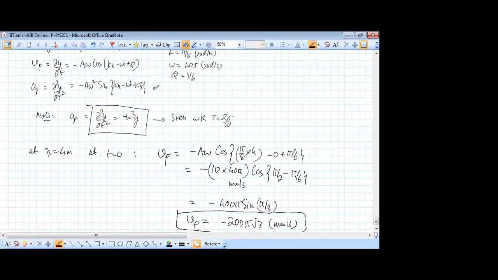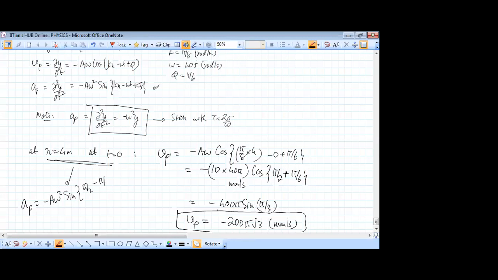And similarly, if you substitute here, you get the particle acceleration as minus a omega square sine pi by 2 minus, oh sorry, this is cos plus, okay, so minus it, this is plus.